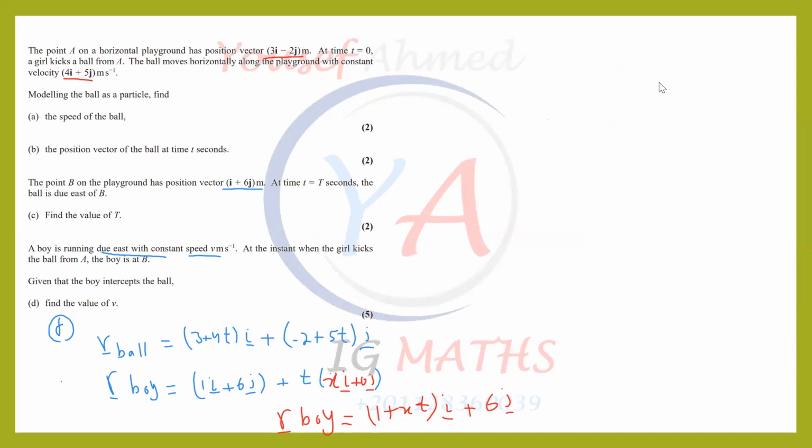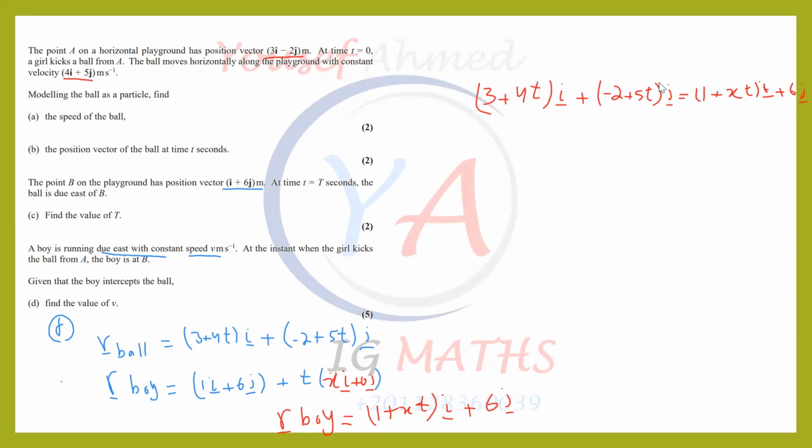So you can equate the two position vectors: 3 plus 4t in the i direction plus negative 2 plus 5t in the j direction is equal to 1 plus xt, or vt, in i plus 6j.